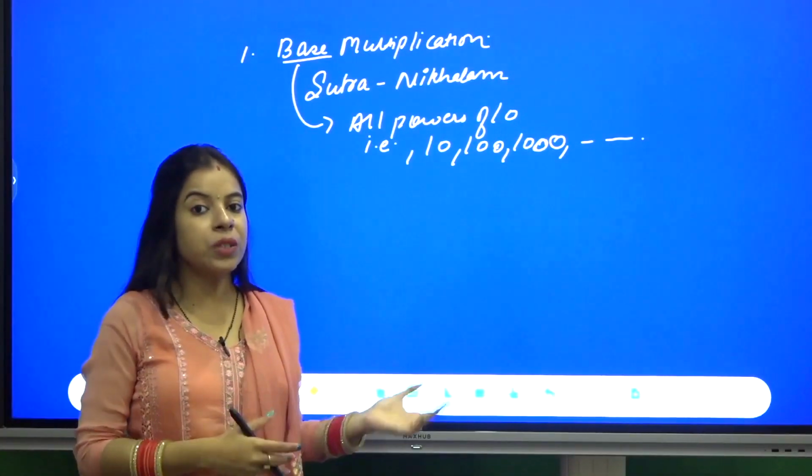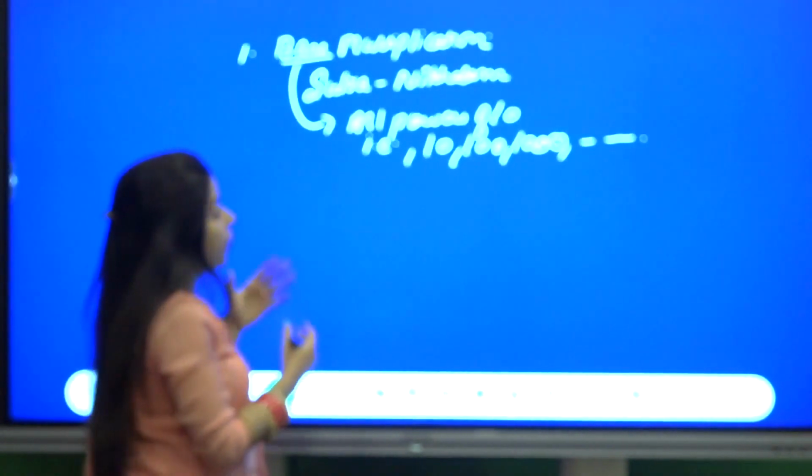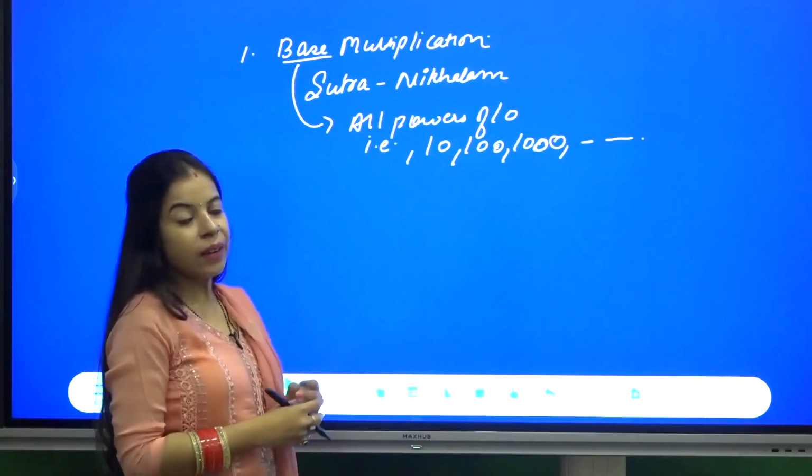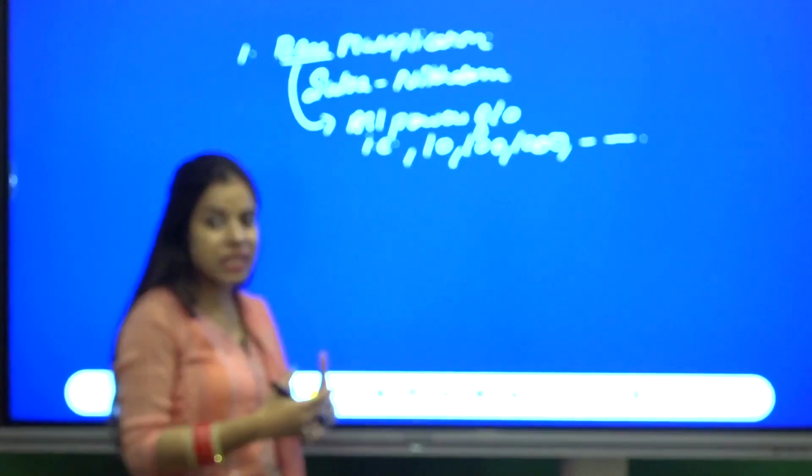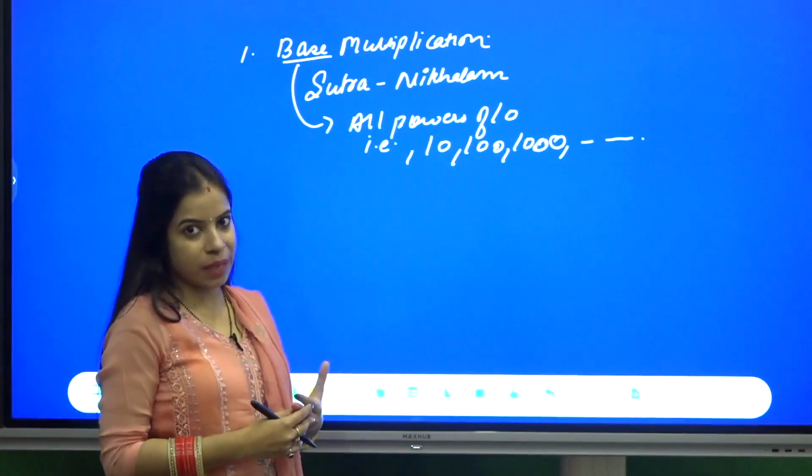Here we are going to consider the numbers which are closer to the base. And one more thing is that the number will be either less than the base or greater than the base.